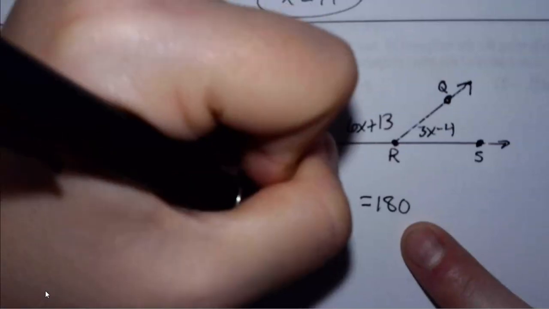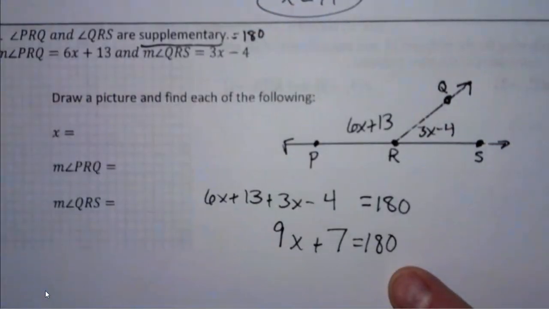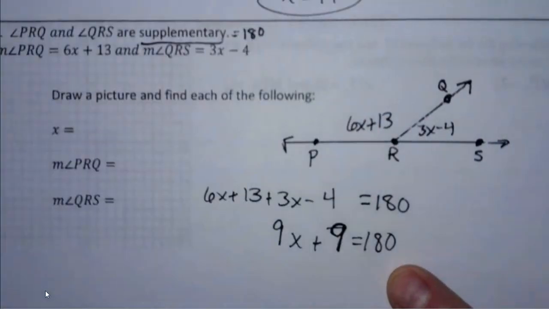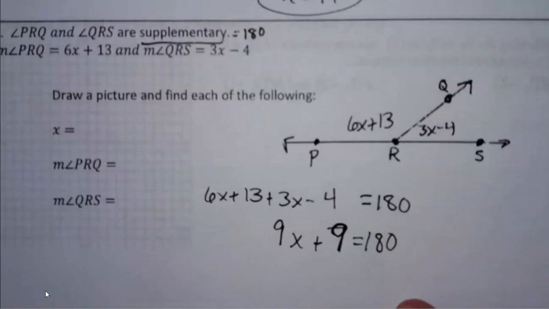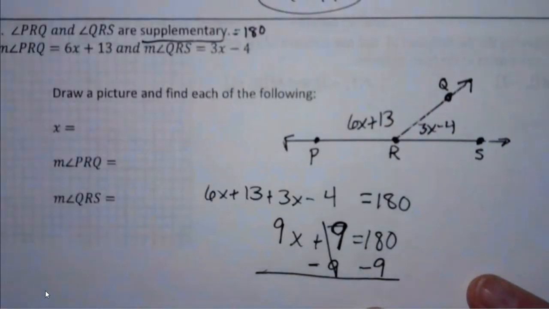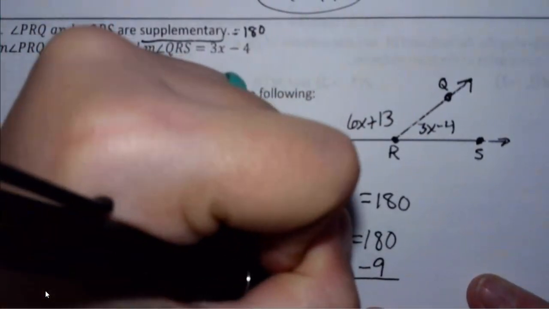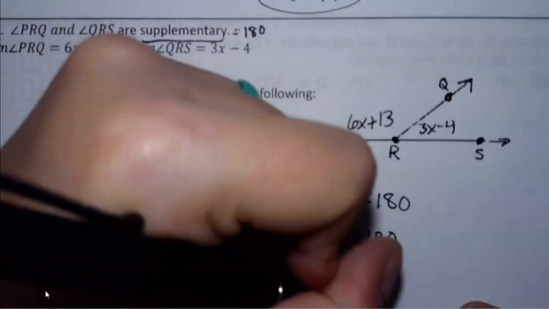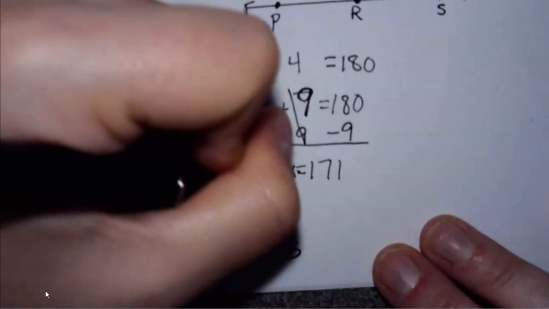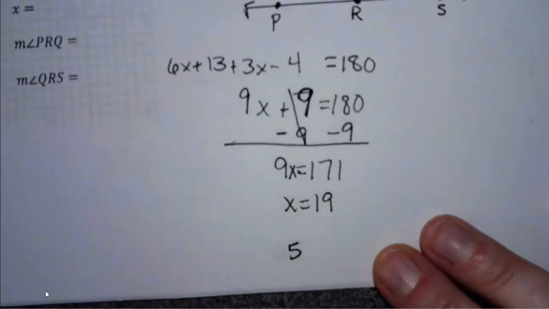So 9x plus 9 equals 180. We're going to subtract 9 on both sides. 9x equals 171. So I think x is 19.